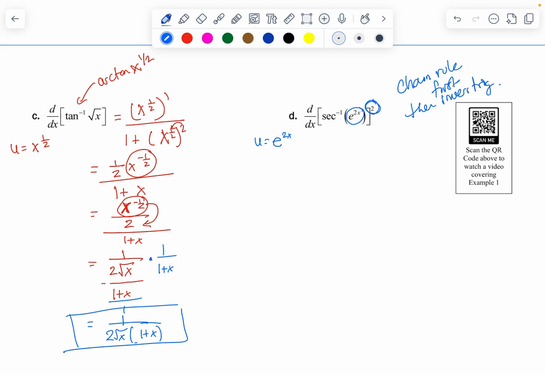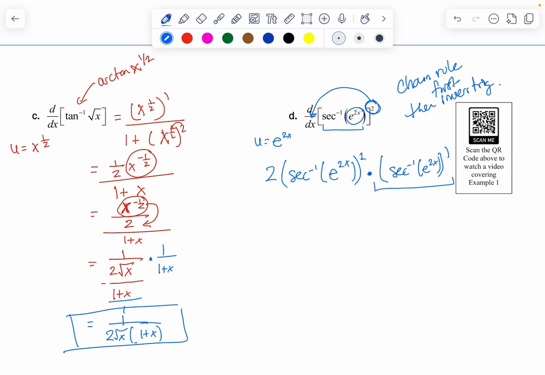So when it says chain rule first, I'm first going to bring down that 2. Everything on the inside is going to stay the same, raised to the 1, times the derivative of the stuff on the inside. So times the derivative of arc secant of e to the 2x.